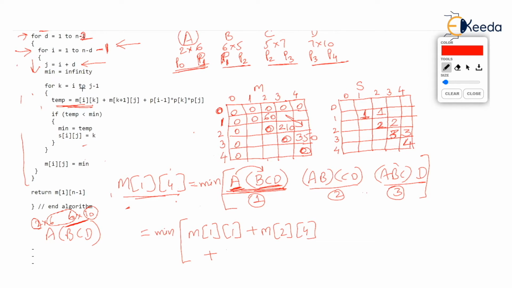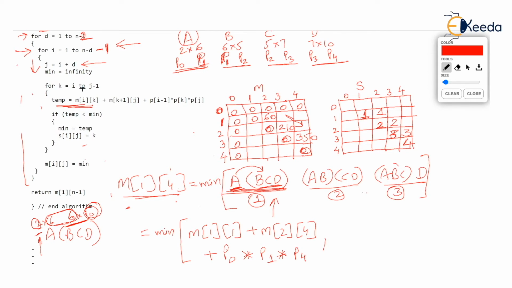You notice we are taking this first 2, which is nothing but P0, multiplied by this 6 which I have encircled, and that 6 is nothing but P1, multiplied by the last 10 we have taken here, and that 10 is nothing but P4. I'm just building the formula for you so that you can understand the formula written in the algorithm.